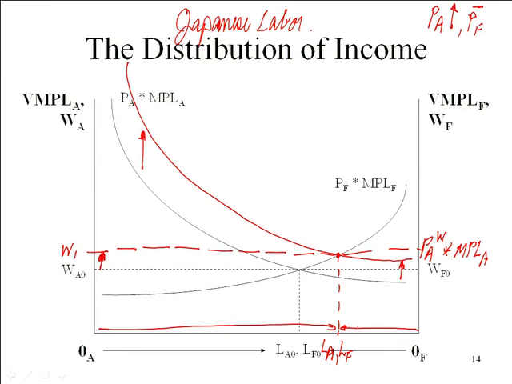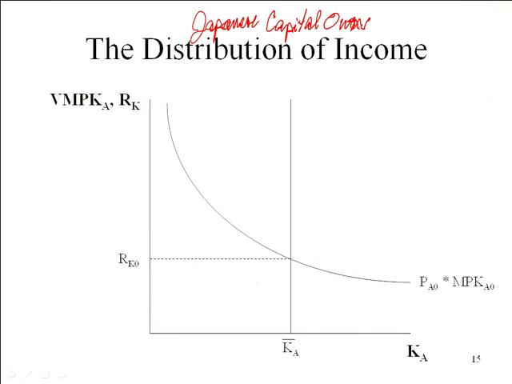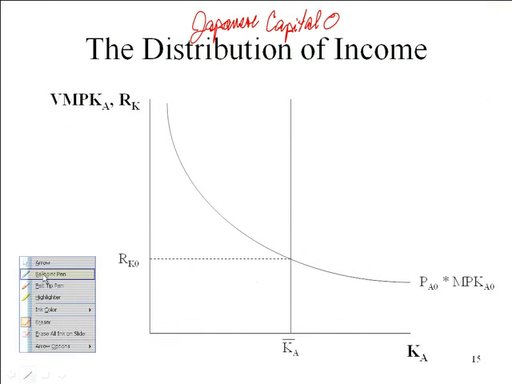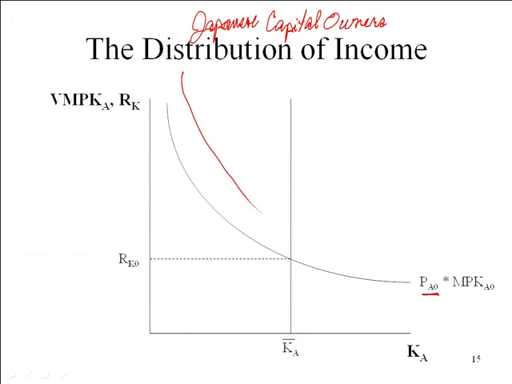Okay, so this is Japanese capital owners. And here we know that the price of autos went up, so the demand for capital rose.